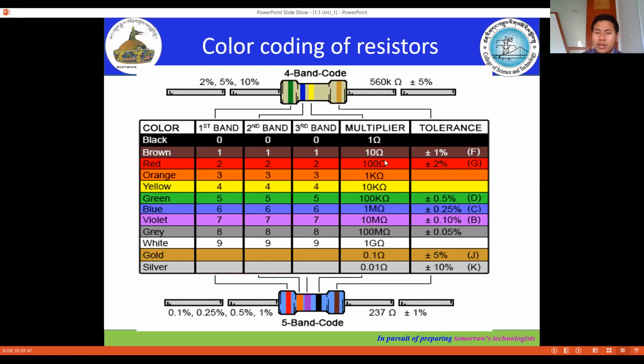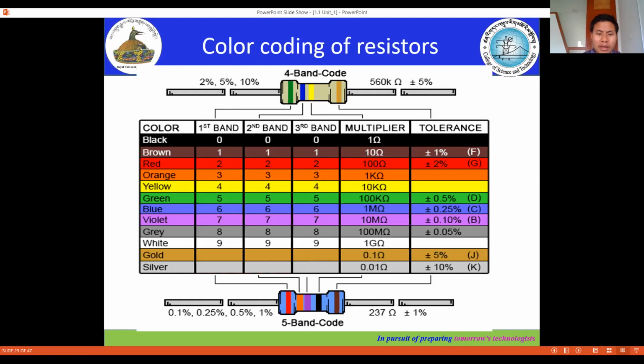Tolerance is used to calculate the percentage of error in that value. For example, if it's a 1 kilo ohm resistor and you measure it practically, you will not get exactly 1 kilo ohm. You will have either 998 or 900, sometimes more, sometimes less, but it should be within a certain percentage, within certain limits.